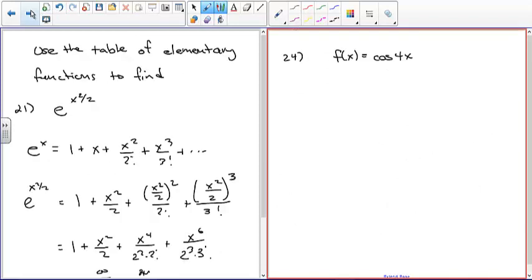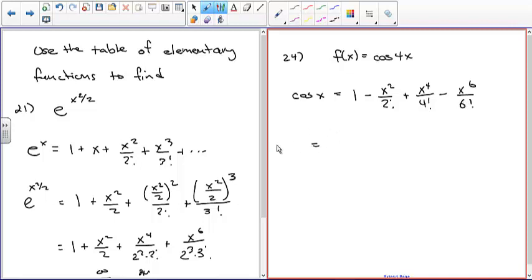Okay, let's look at another one. Okay, so you've got the cosine of 4x. We know that the cosine of x equals 1 minus x squared over 2 factorial plus x to the 4th over 4 factorial minus x to the 6th over 6 factorial.